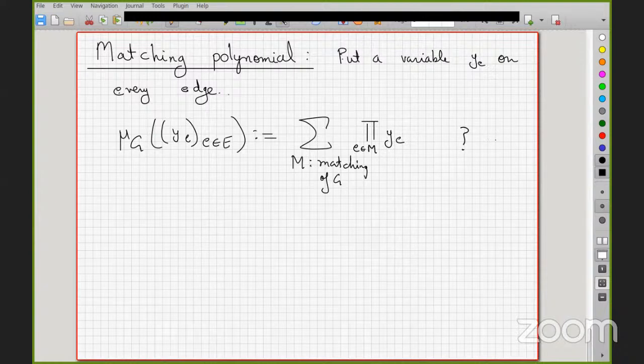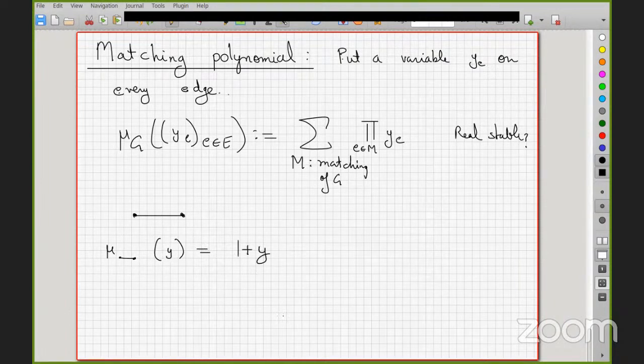The first question I ask is: is this real stable? Let's check some examples. Let's take a single edge. What is the matching polynomial for a single edge? It is 1 plus y_1, because there's an empty matching.